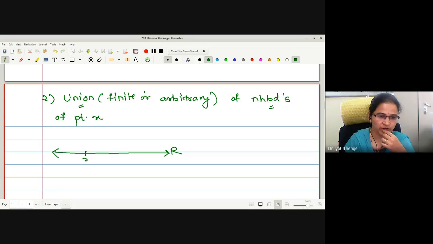Suppose this is my point X and this is the neighborhood A. This is some other set, say B. A is the first neighborhood, B is the second neighborhood of X. What about their union?